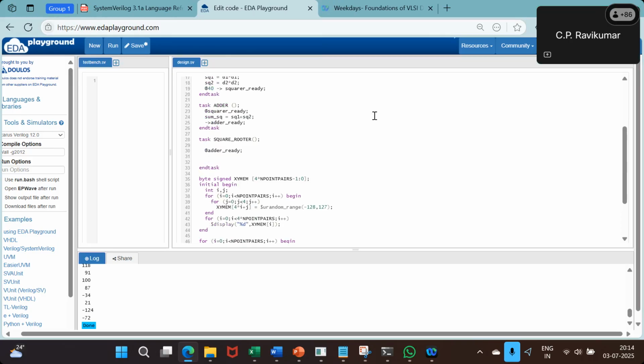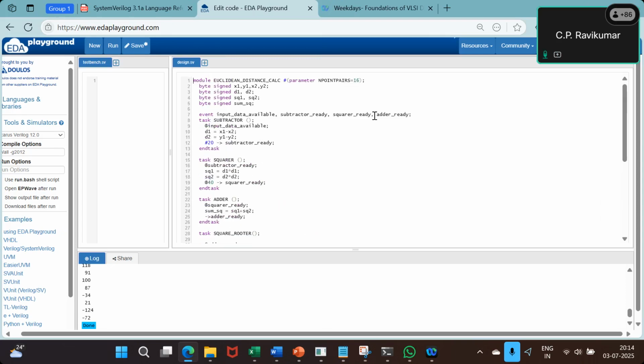Finally, we could have another memory called output memory.